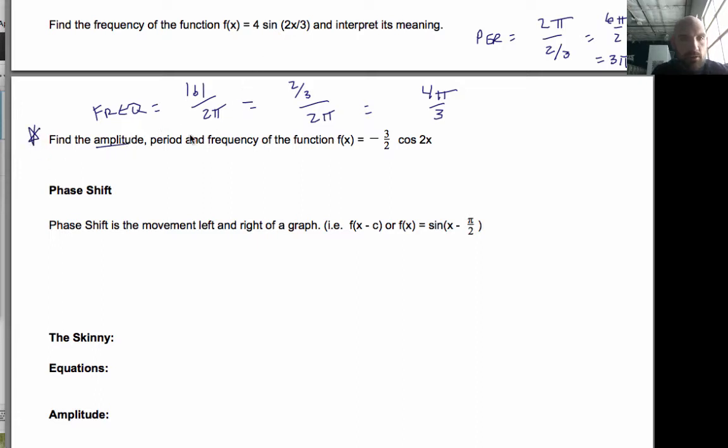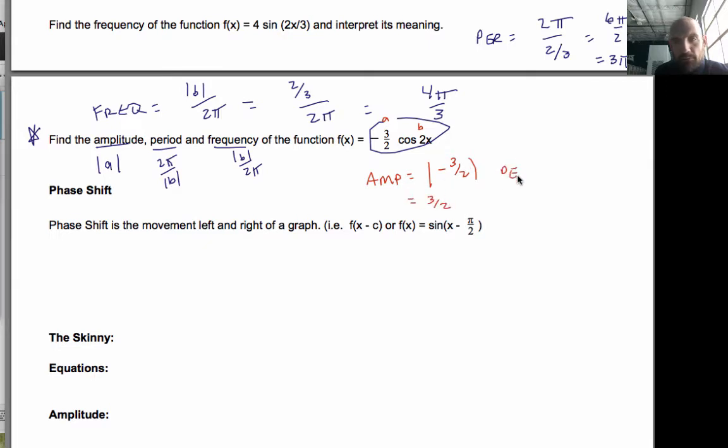So find the amplitude, the period, and the frequency. So this is the absolute value of a, and I like to line these out like this. 2 pi divided by absolute value of b, and this is b divided by 2 pi. Of this function right here. So what you can do is label your a and your b, and so amplitude is going to be equal to the absolute value of -3/2, and so that's 3/2 is my amplitude.